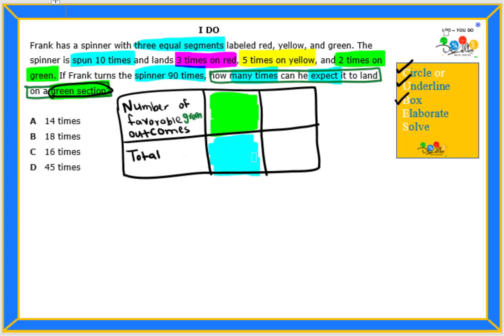When we had spun 10 times, it landed on green how many times? 2 times. That's correct. So it landed on green 2 times out of a total of 10 spins. And now we want to predict how many times we can expect it to land on green if we use a total of 90 spins.